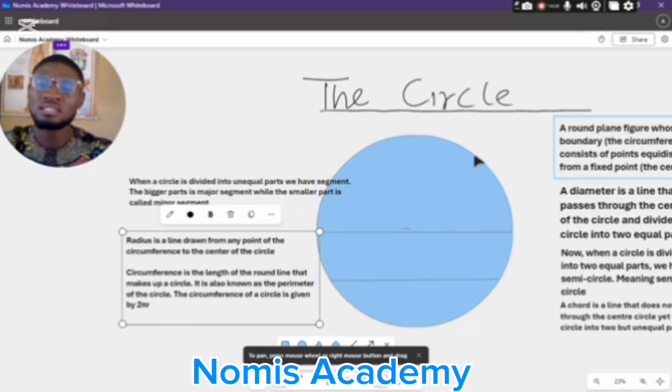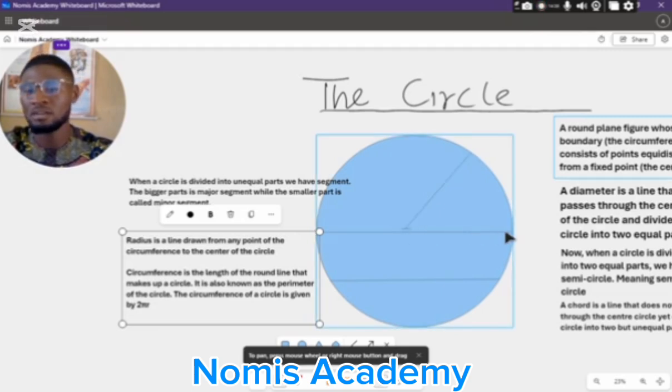So you can see that there is a radius from the center of the circle to this point, and from here down to this place is another radius, because that is half of the diameter. So this part of the circumference gives us a particular part of the circle, which is bounded by 2 radii and an arc of the circumference.